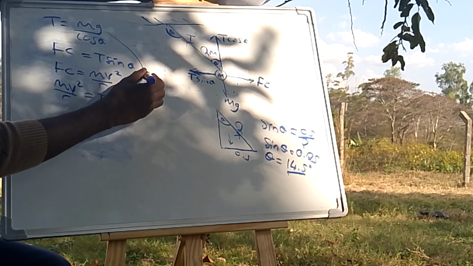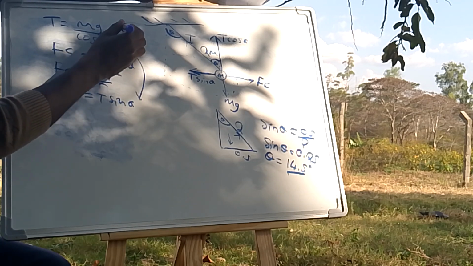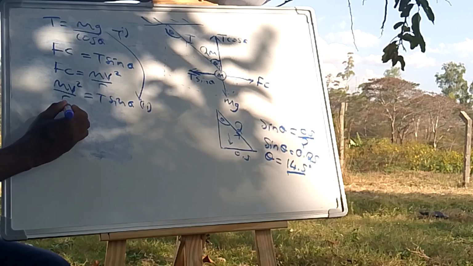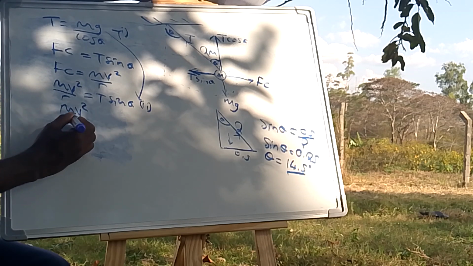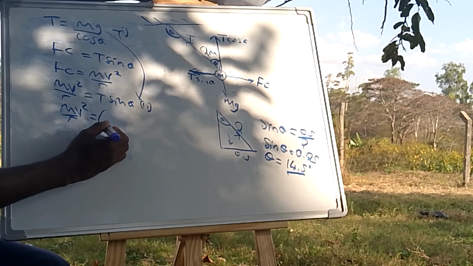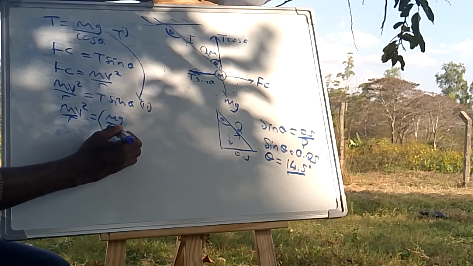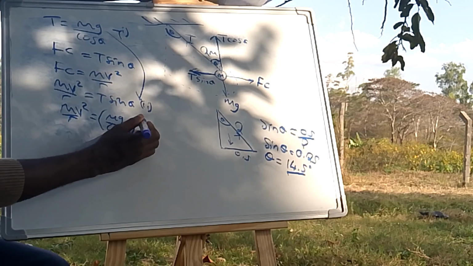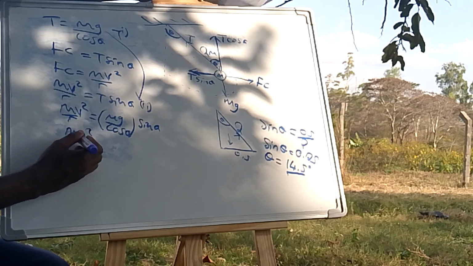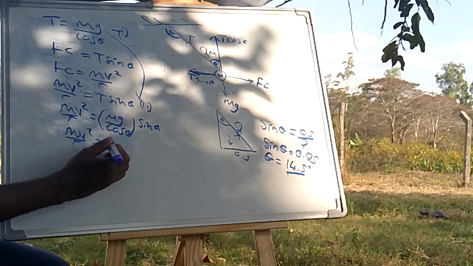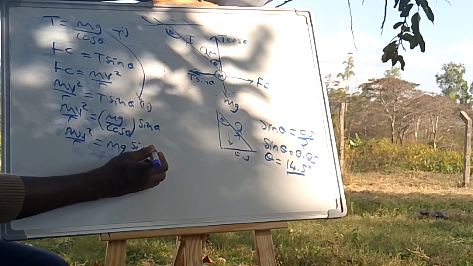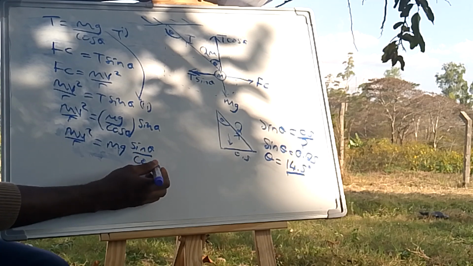Now, we can substitute this first equation into the second equation where there is T. So, mv square over r equals T. Now, T we have is mg over cos theta times sine theta. So we have mv square over r equals mg sine theta over cos theta.